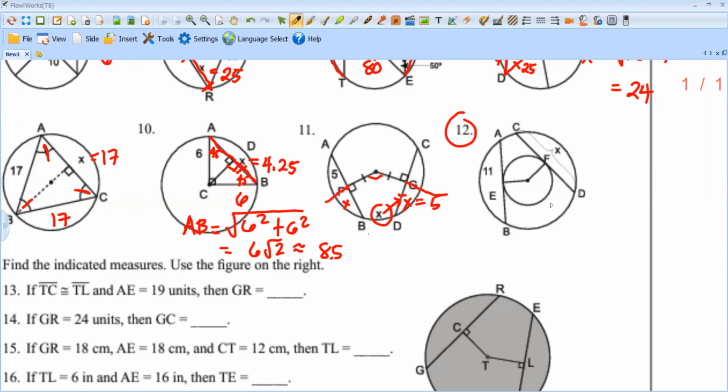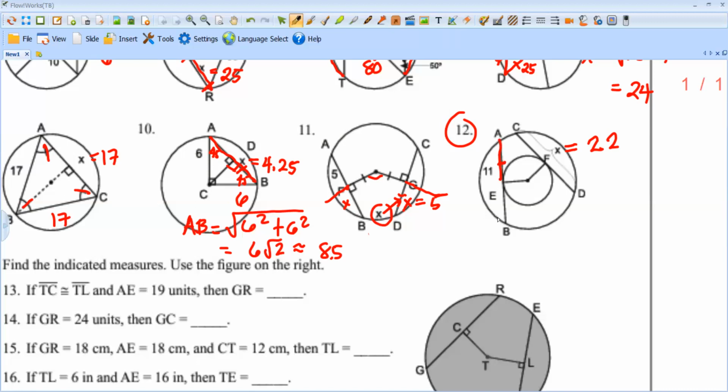Number 12, what is the value of X then? Shane, what is the value of X here? 11 po. 22, right? 11 is only AE, right?